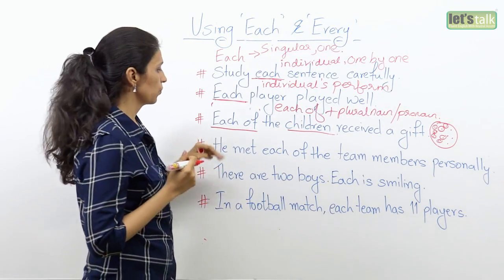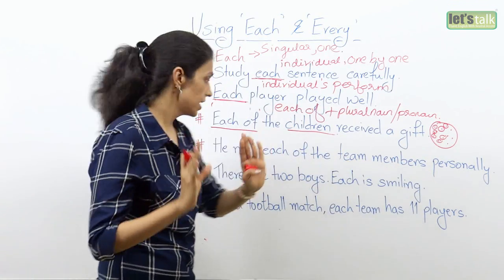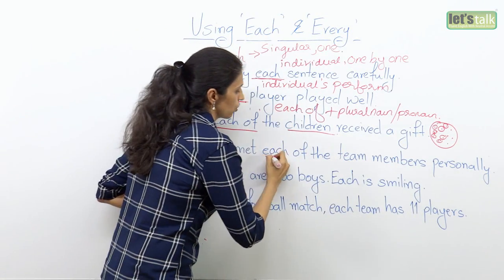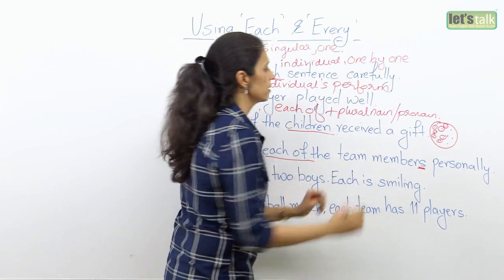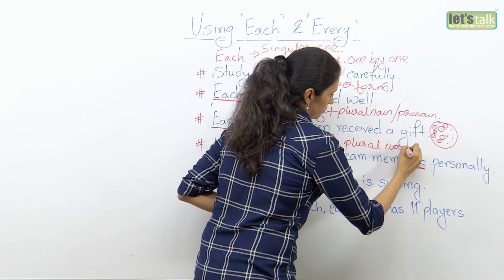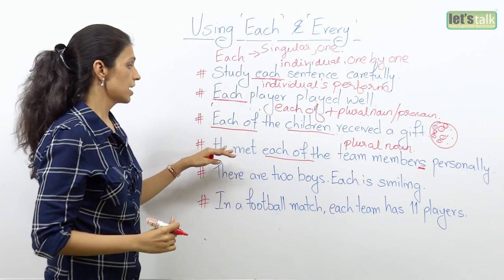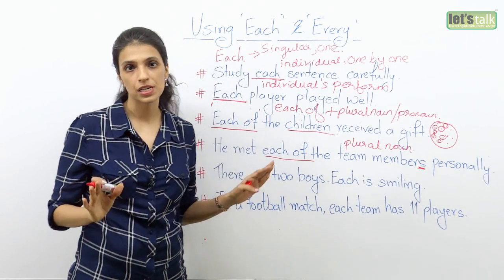Okay. Now he met each of the team members personally. Again, if you see each of, okay, here you have members. It's a plural noun. Okay, so you can't say he met each of the team member. That is absolutely incorrect.